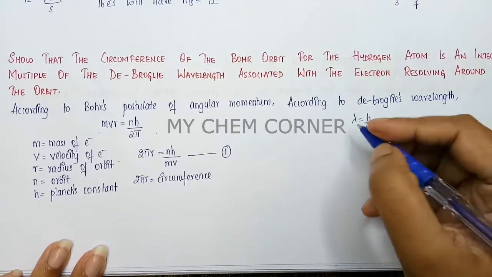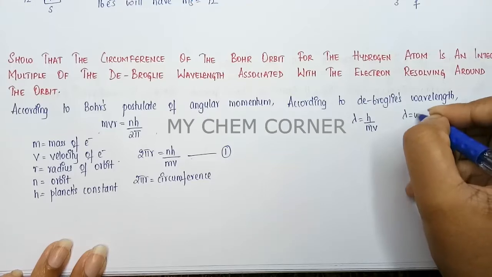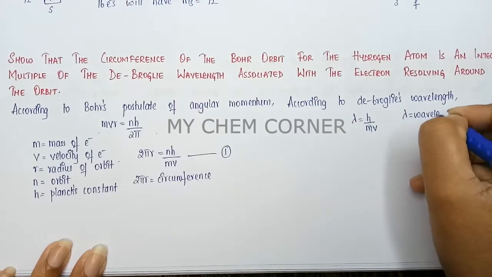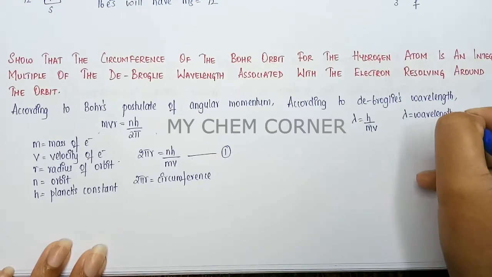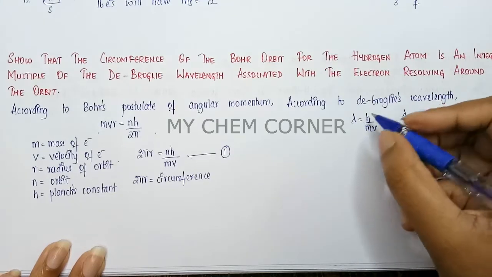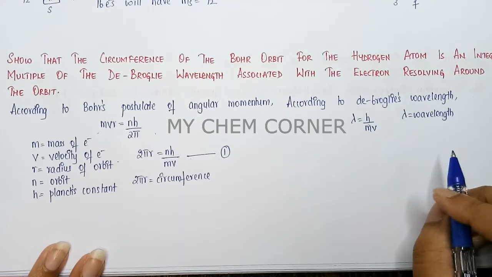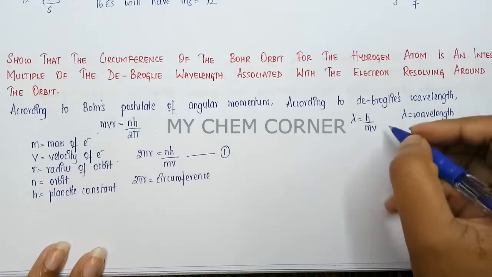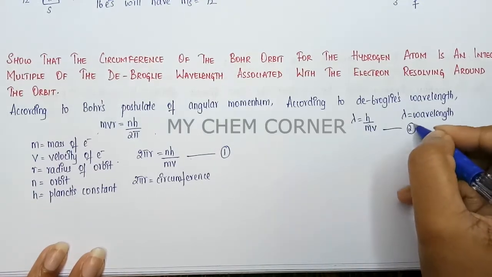Now here lambda is nothing but wavelength, h is again Planck's constant, m is mass of electron and v is velocity. So this is going to be my equation number 2.